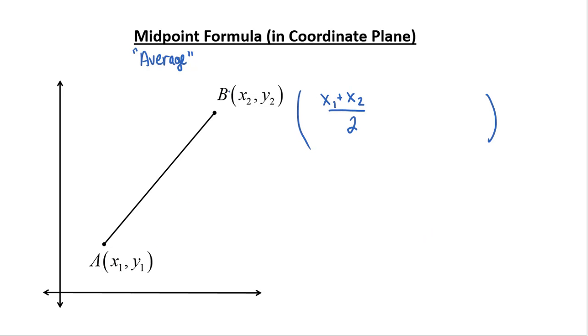So X1 plus X2 divided by 2, Y1 plus Y2 divided by 2. Remember, midpoint is a point, so it's going to be in coordinate form, and it's just the average of the x coordinates, average of the y coordinates.